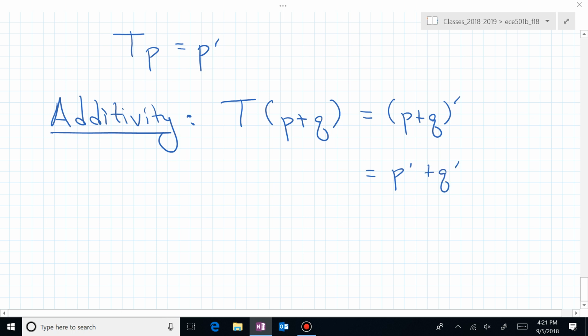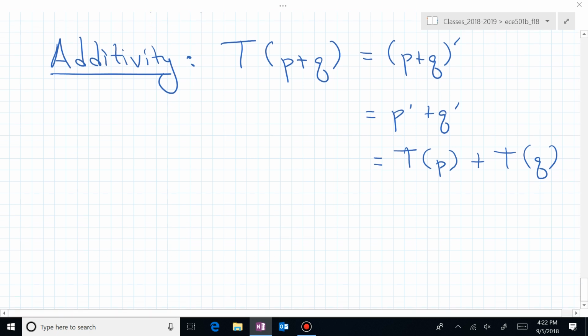Can it just be p prime plus q prime? The derivative works with that summation operation between p and q. But p prime, as we defined here, is what? That's Tp. And what's q prime then? T of q. And isn't that what we want for additivity? T of p plus q is equal to T of p plus T of q. Additivity holds for the differentiation.